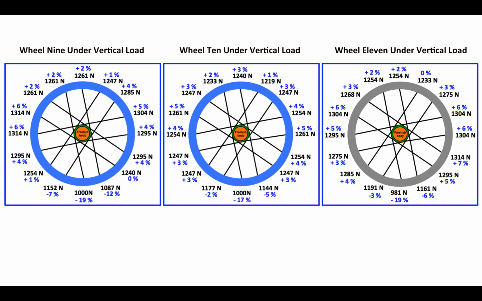And this is the loaded data for all three wheels shown side by side for ease of comparison. I think that the pattern seen here in all three graphs is substantially the same, so there would not appear to be any difference in the behavior of the spoke tension in any of these three wheels.